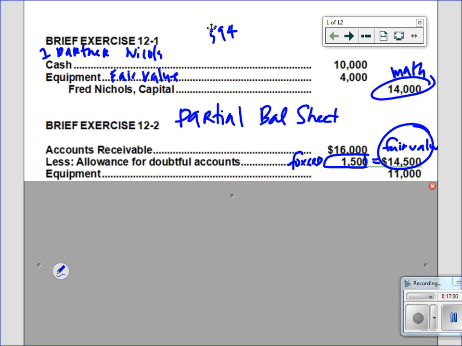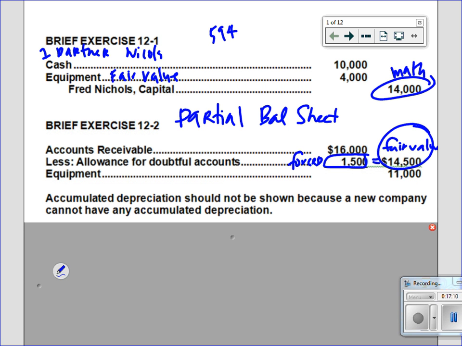That goes with that one. And that's it. The book does go on to give you a little reminder: accumulated depreciation should not be shown because a new company cannot have accumulated depreciation. It will start growing accumulated depreciation, but it's not the individual business or sole proprietorship. It's based on the partnership instead.